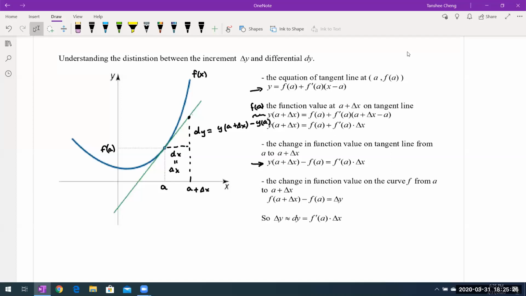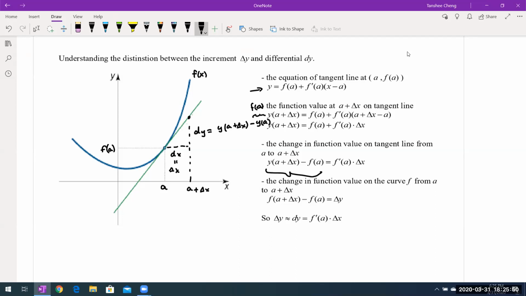So now what we want to look at is how do we look at the approximation of the functions. As you can see, the change in the function value on the tangent line from a to a plus delta x is basically this part, right? Which is from here to there.